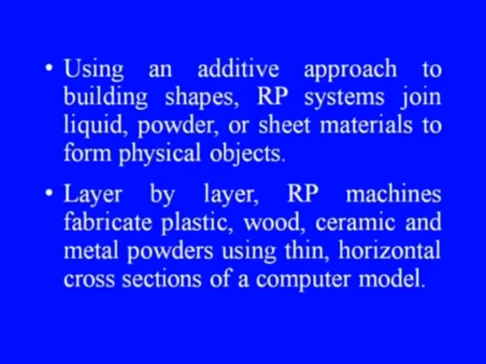Using an additive approach to building shapes, RP systems join liquid, powder or sheet materials to form physical objects. Layer by layer, RP machines fabricate plastic, wood, ceramic and metal powders using thin horizontal cross sections of a computer model.